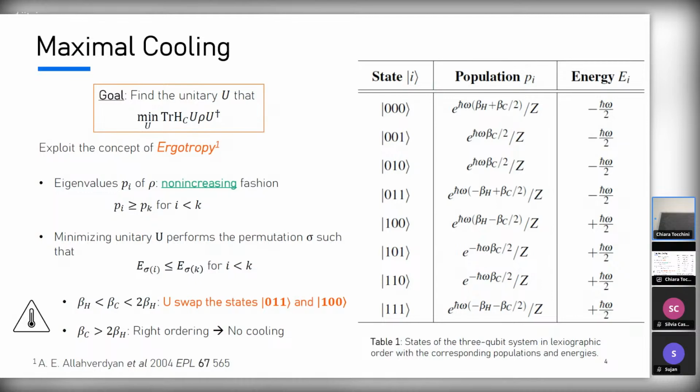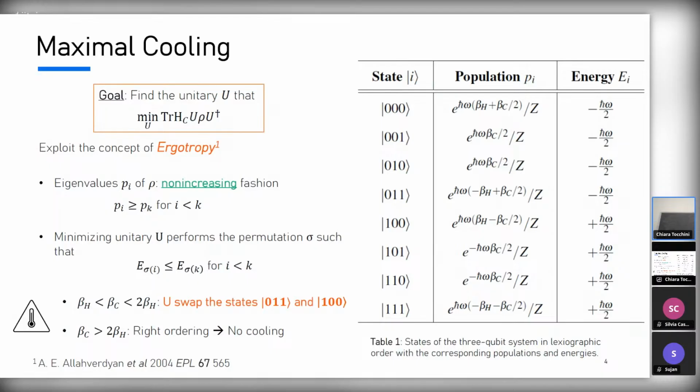So the unitary performs a permutation sigma that remaps the eigenenergies in a decreasing fashion. So we find 2 ranges of temperature.